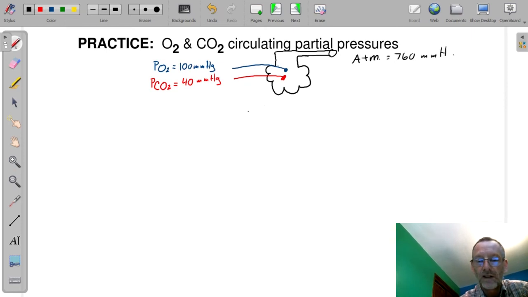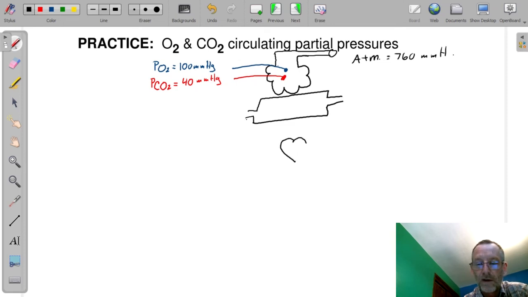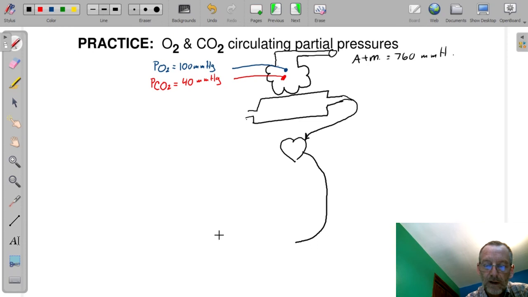And then here's where you should keep it simple. Let's do the lungs, sort of maybe something like this, give us a little room to draw. And if we want to keep it really simple, you could just do this. And we go back to the tissues.